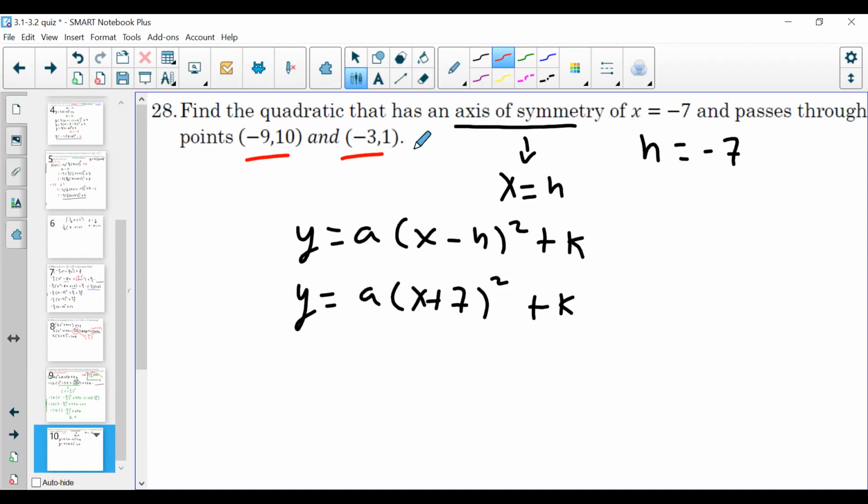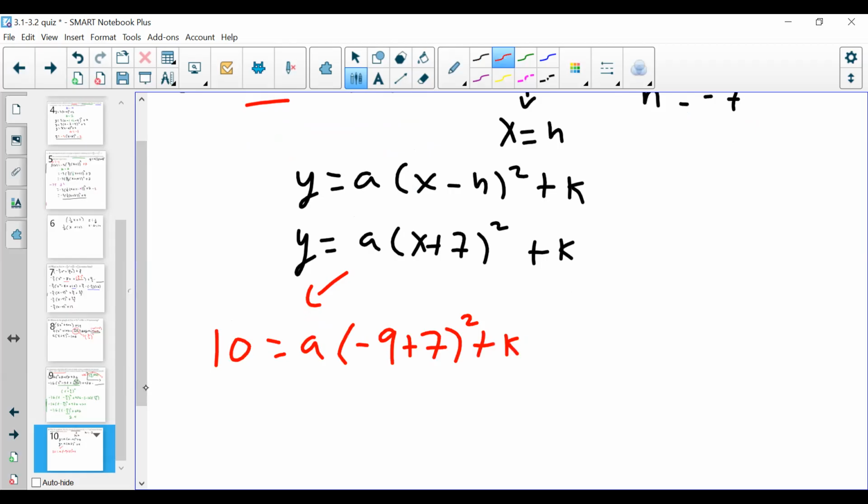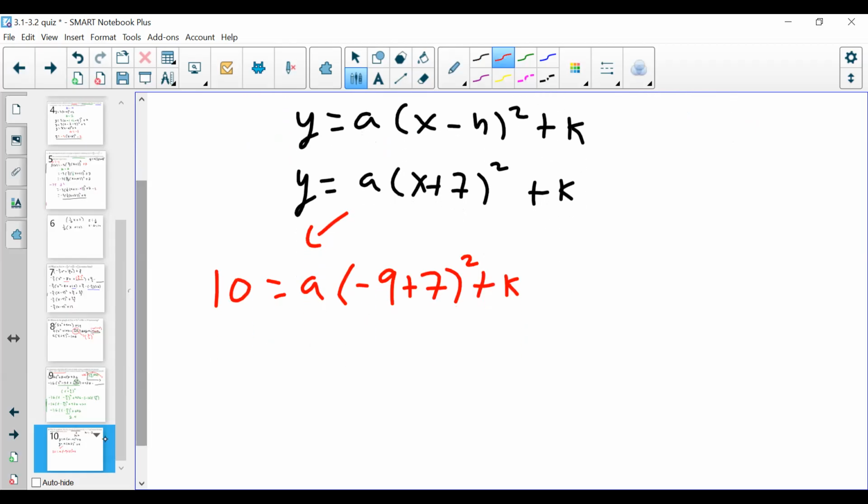So for (-9, 10), I can plug in the 10 and -9. So 10 equals a times (-9 plus 7) all squared plus k. Right, it's x minus -7, so x plus 7. So 10 equals some a. -9 plus 7 is -2. -2 squared is 4, plus k.